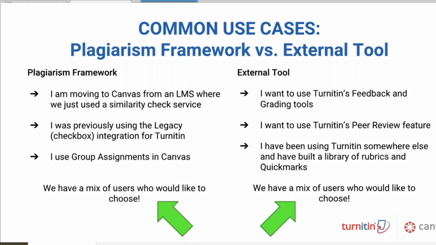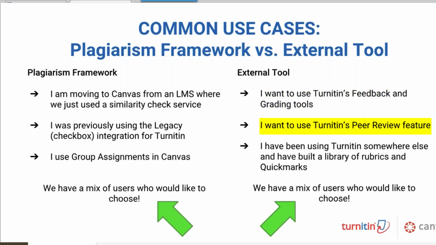Well, with the Turnitin as an external tool, the main reason that you would continue to use Turnitin in this way is if you use Turnitin's feedback and grading tools. For instance, if you've built up a nice big library of grade marks that you use on a regular basis to drag and drop when you're commenting on student papers, and you want to continue to use that library, then you would need to continue to use Turnitin as you always had in Canvas.